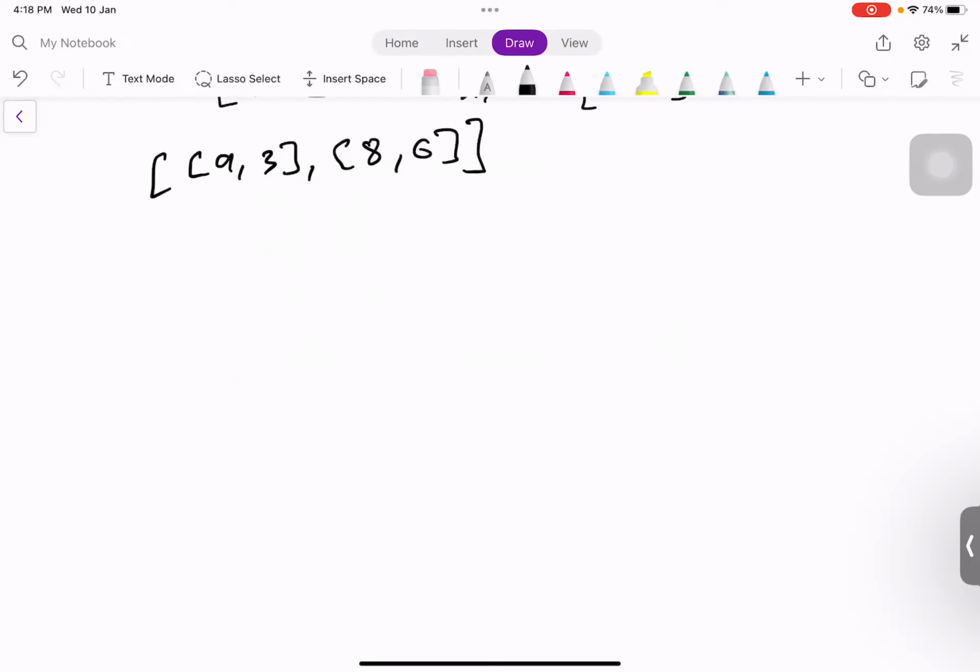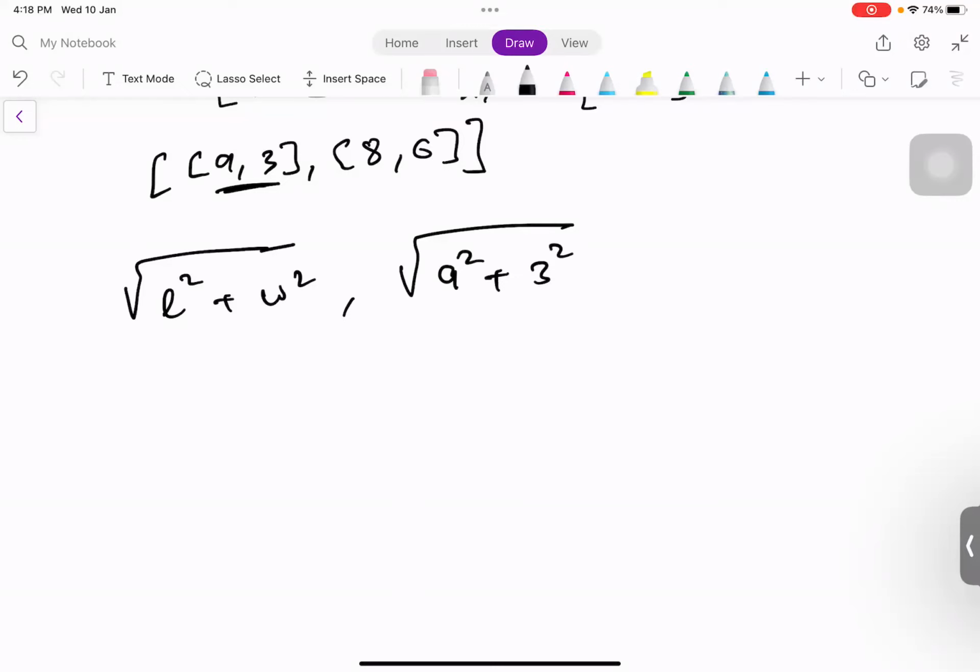So let's see how we can solve this question. We need to find the maximum area among the longest diagonals. Let's see what the diagonals will be for these test cases. We know the formula for the diagonal: diagonal length will be the square root of length squared plus width squared. For the first test case, the diagonal will be root of 9 squared plus 3 squared, which is root of 81 plus 9, which is root 90.